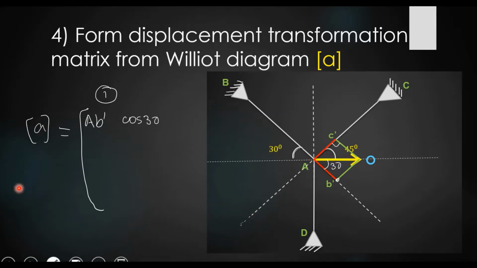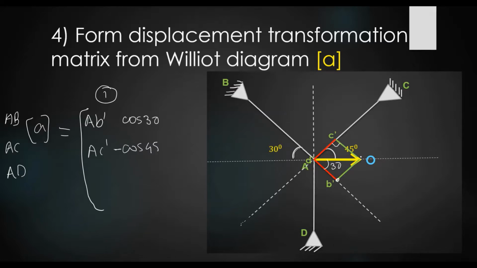I have told you I am using the sequence AB, AC and AD, which is why I am taking AB dash, AC dash and AD dash. So AC dash value will be cos 45, but it was measured in the opposite direction of the extended line, so I am taking it with a negative sign.